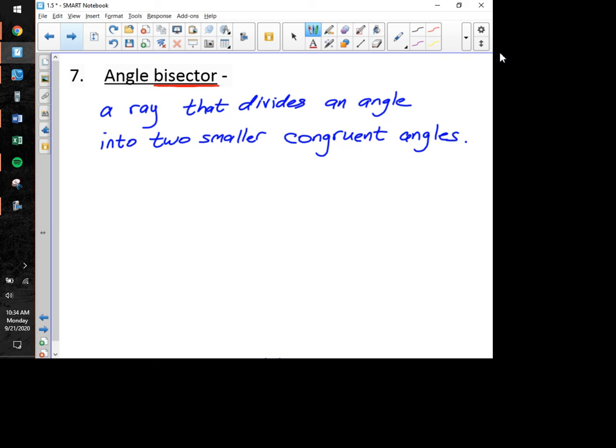All right? So if we wanted to draw an angle bisector, I'm going to start off with a big angle. I'm going to put a point here and one ray shooting out to the right and another ray shooting up this way. And I'm going to call this point X. This point right here is going to be Z, and this point right here in the middle we'll call J. So we've got one big angle here, that would be angle XJZ. So here's our angle, and we want to draw the angle bisector of this angle.